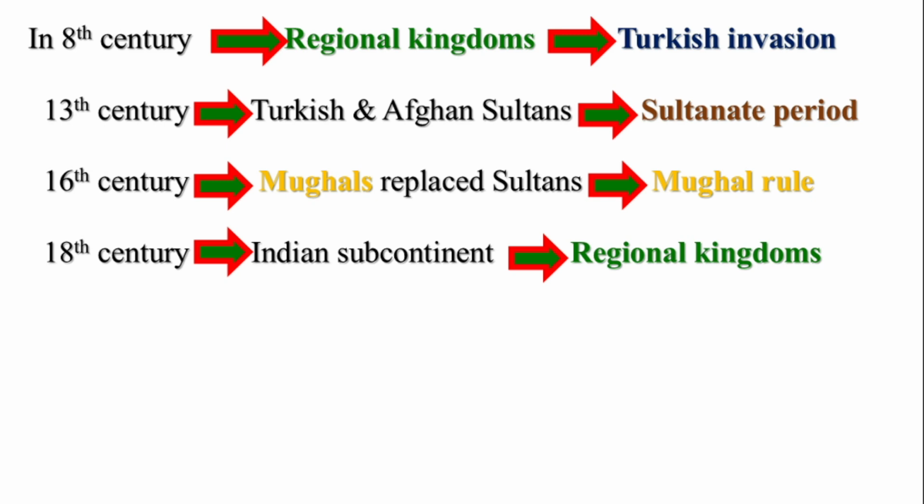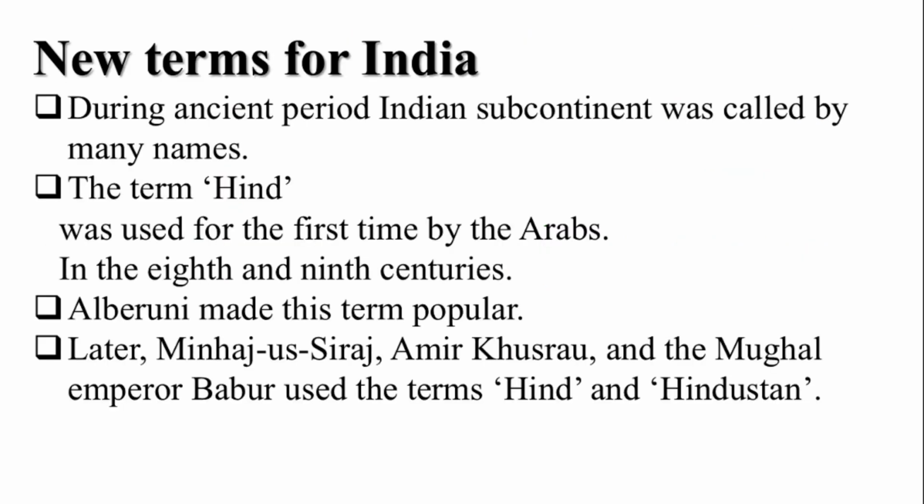How regional kingdoms ruled the Indian subcontinent in different centuries, under different rulers and kingdoms, is marked in a flow chart. Many foreigners used to come to India for trade, and they used different names for India.